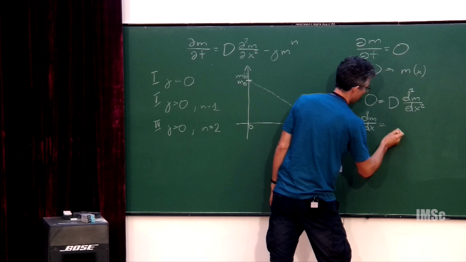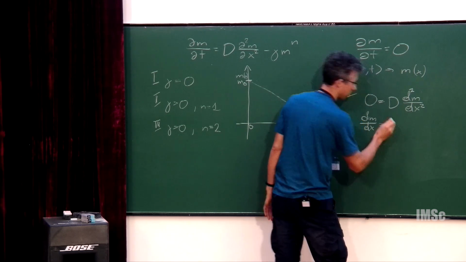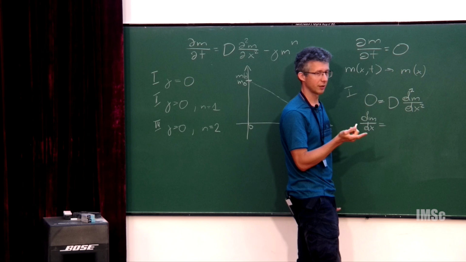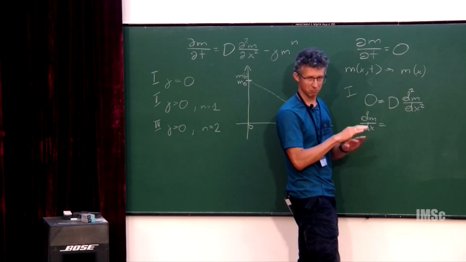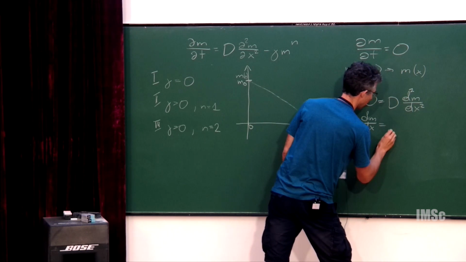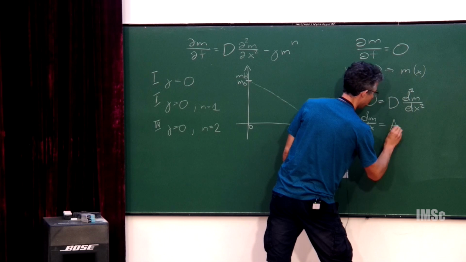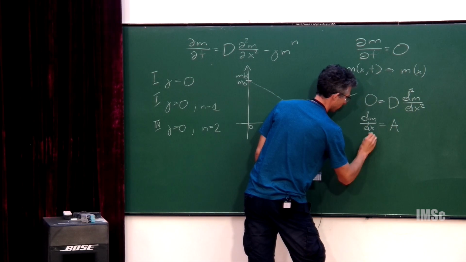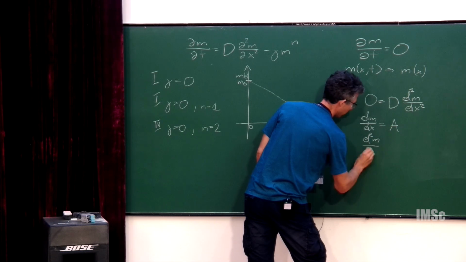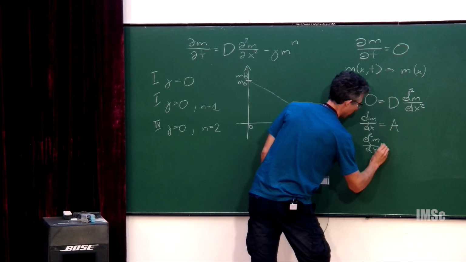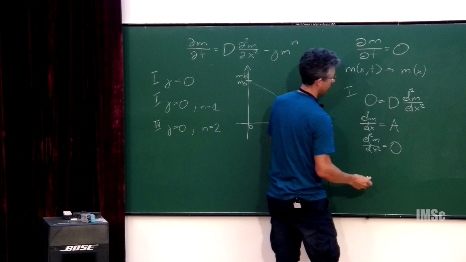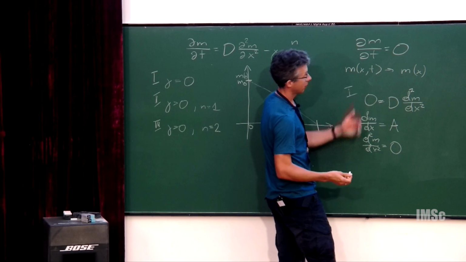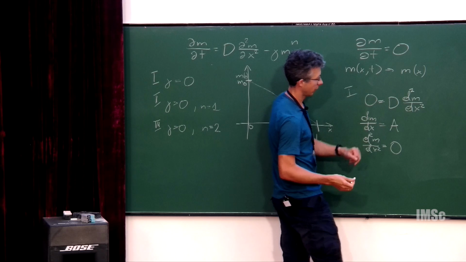In this case, if I take the derivative of the linear solution over x, the constant goes away, and I'm left with A. And that's just to warm up. The second derivative gives me 0, so if I plug it in here, then it agrees. This way I checked that my solution fulfills this equation.